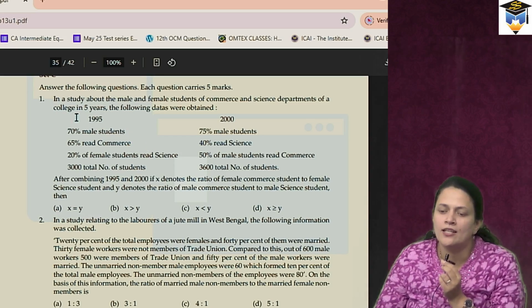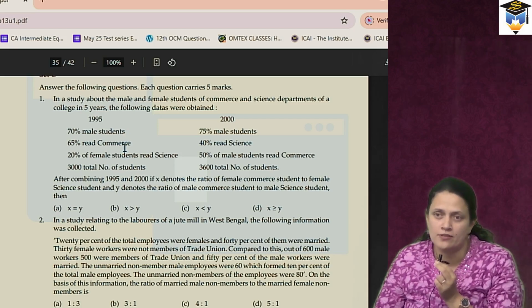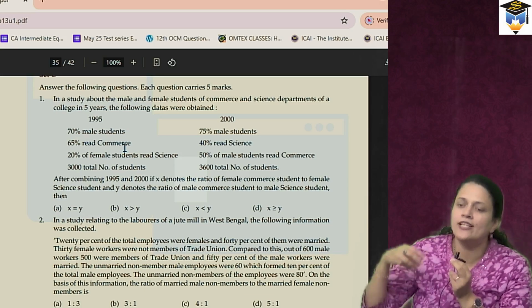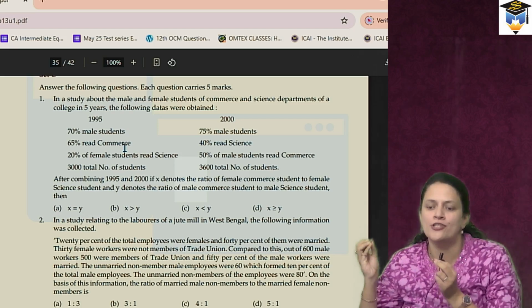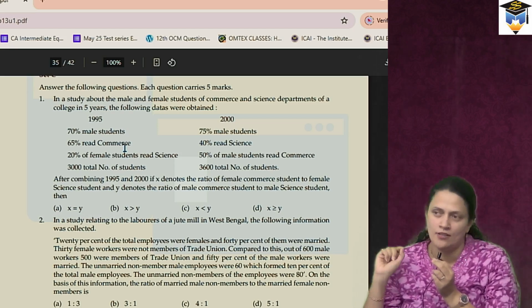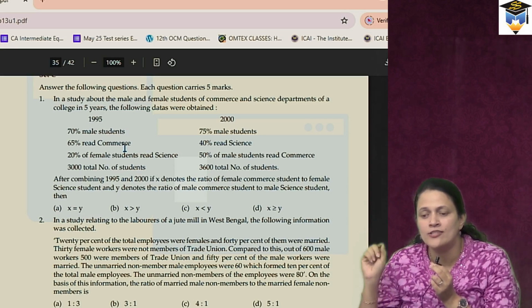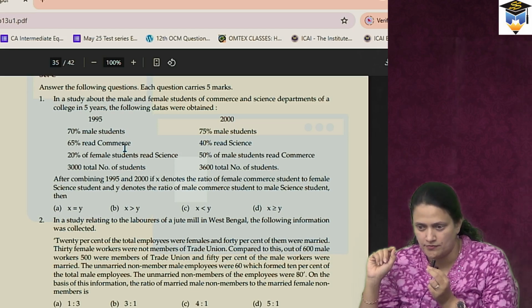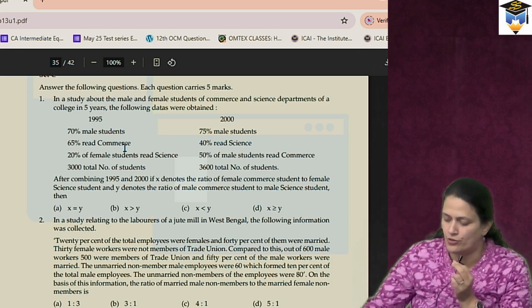In the year 1995, 70% male students are given. 65% read commerce means out of 70%, 65 read commerce, or out of the total population, 65% read commerce? 20% of female students read science, and 3000 is the total number of students.